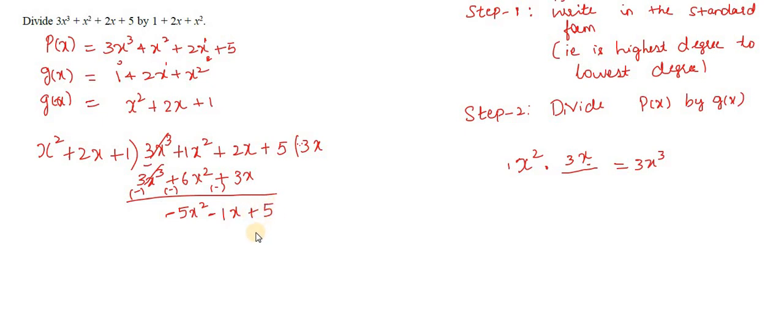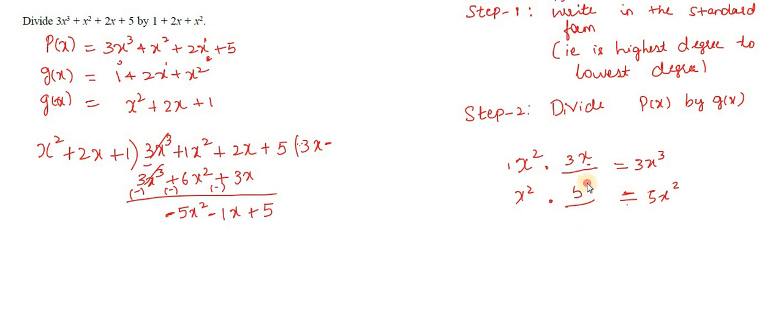Okay, now see what is the sign we have at this place? Minus, right? So write here minus. Now here we have 5x square, here x square. What should we multiply to make this x square as 5x square? It's very simple, it is nothing but 5, right?